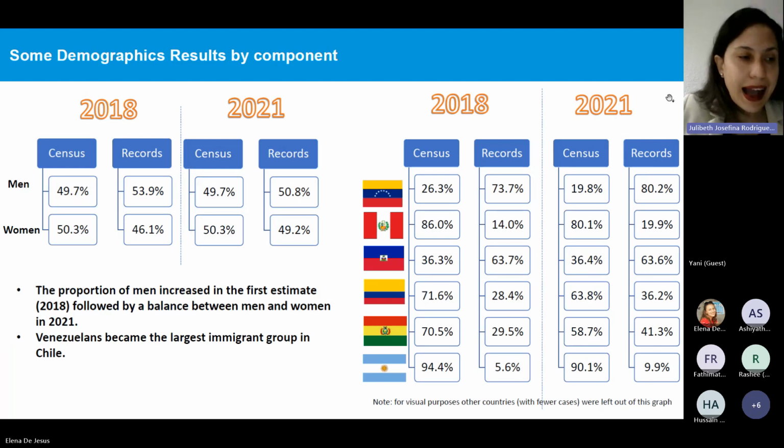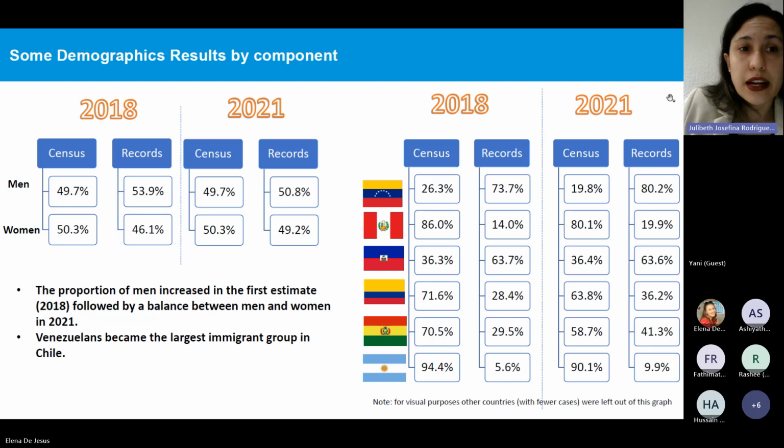Now we're going to see how the composition of migrants changes when we incorporate administrative records into the census. The census data show that the majority of immigrants were female, but the post-census administrative records indicate that there were a greater number of men, representing 54% of the total information in records.